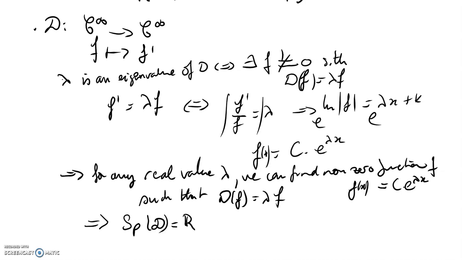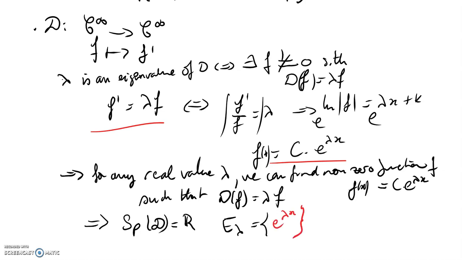And what is the eigenspace associated to any eigenvalue lambda? Well, you see, this writing c times exponential lambda x is just to say that any function that satisfies this equation is collinear to the e to the lambda x function.